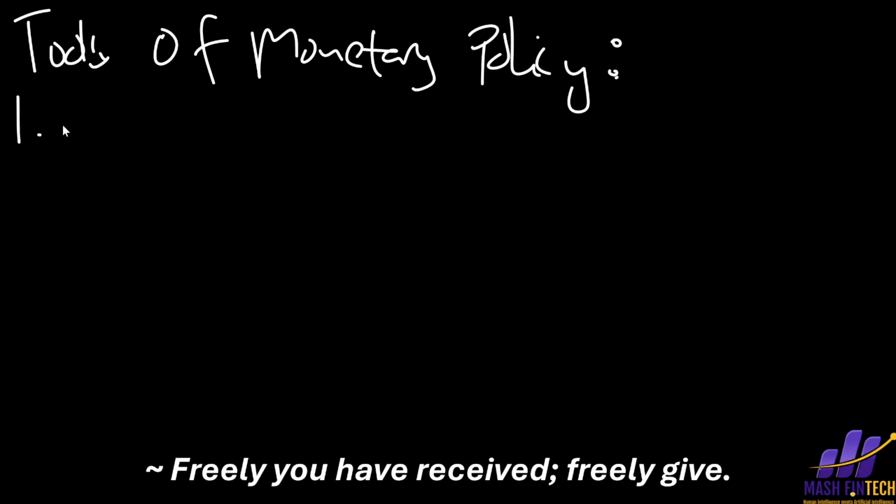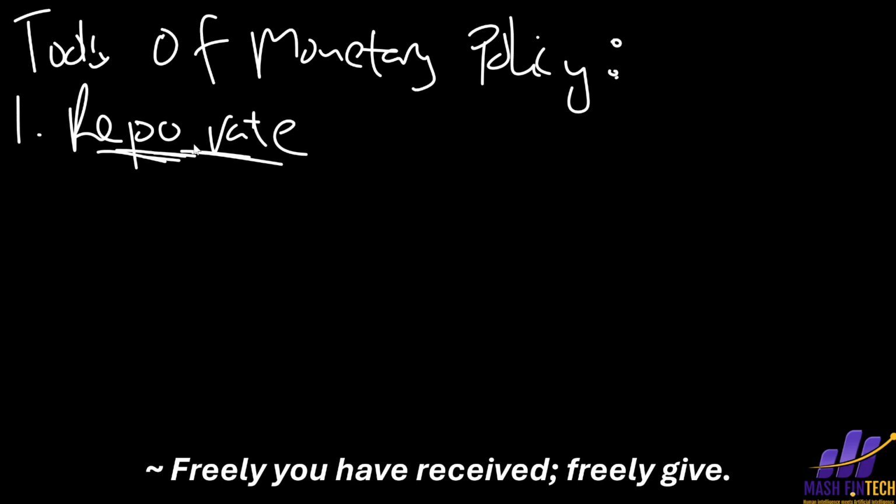Number one, there is what they call the repo rate. The repo rate is the rate that the central bank charges commercial banks, right, under what they refer to as the accommodation policy. Commercial banks can borrow money from the Reserve Bank. When they pay back the money, they pay it back at this repurchase rate, right?